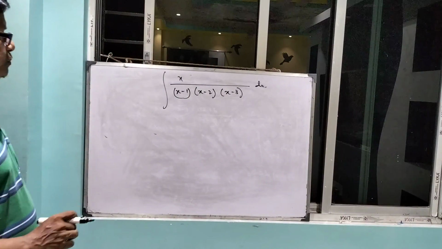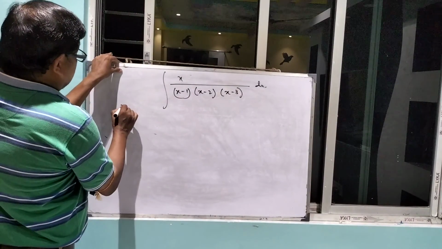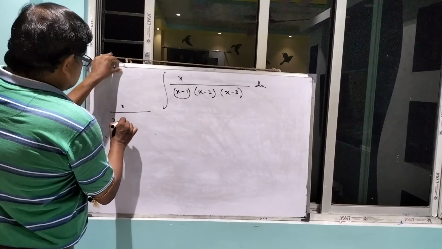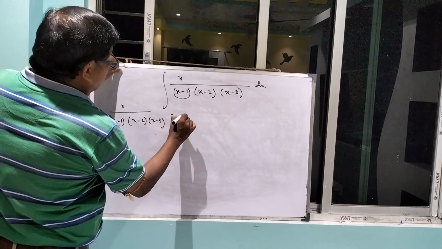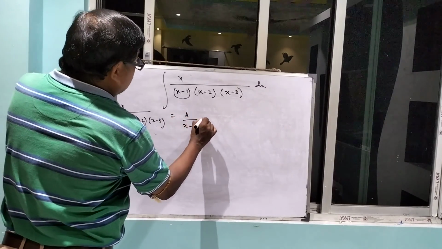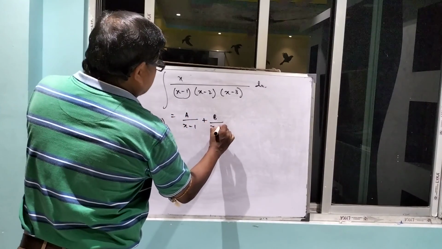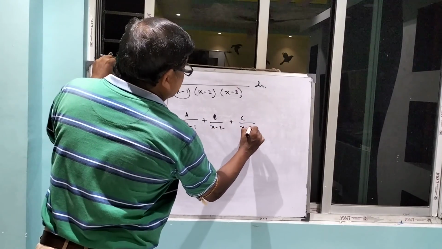Okay, how to solve? So write first x by (x minus 1)(x minus 2)(x minus 3) equal to A by x minus 1 plus B by x minus 2 plus C by x minus 3.